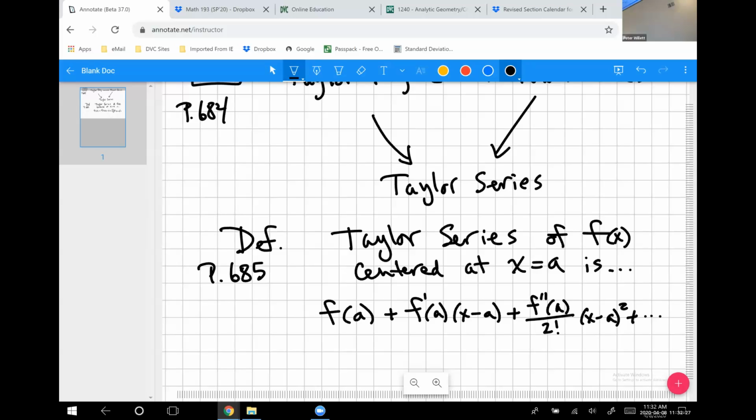And we would keep doing that until we got to the nth degree. But in this case, we're just going to keep doing it. And if we just keep doing it, then instead of getting an nth order Taylor polynomial, we get a power series, which we call the Taylor series.